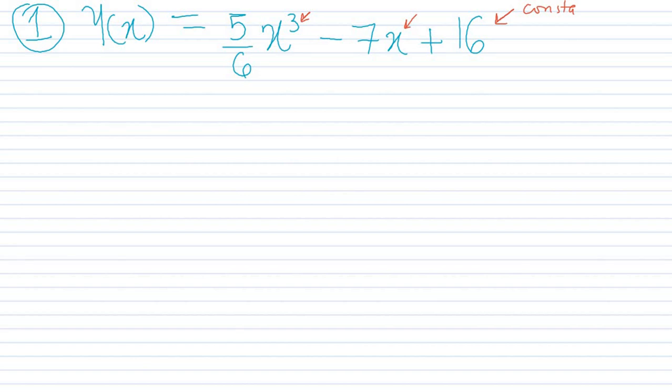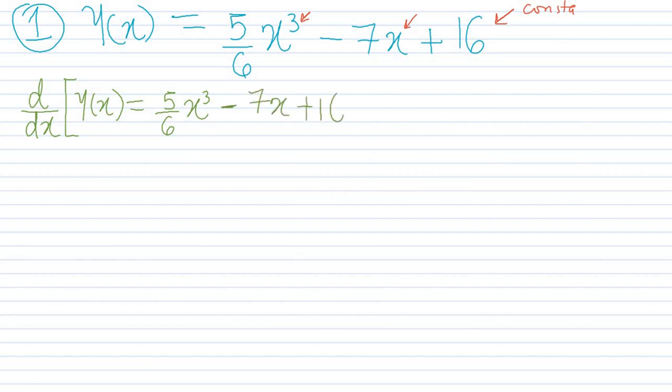So now how do you apply what we've learned? Now we go back. Let me use green. It's a beautiful color. So we have d over dx of y equals 5 over 6 x cubed minus 7x plus 16.